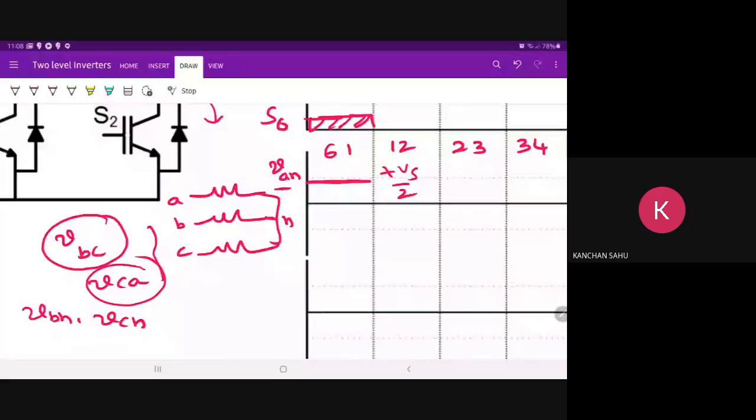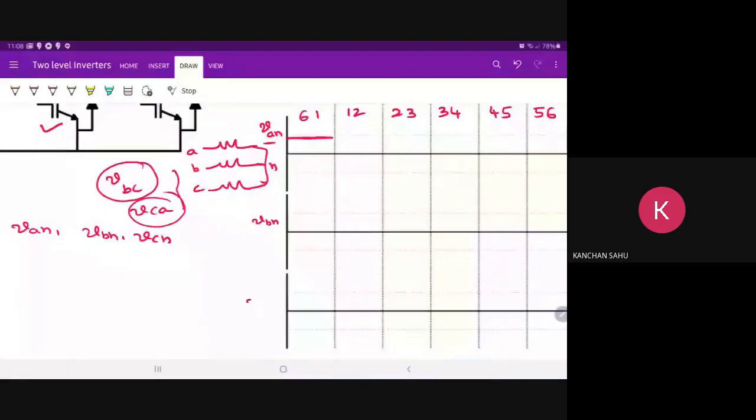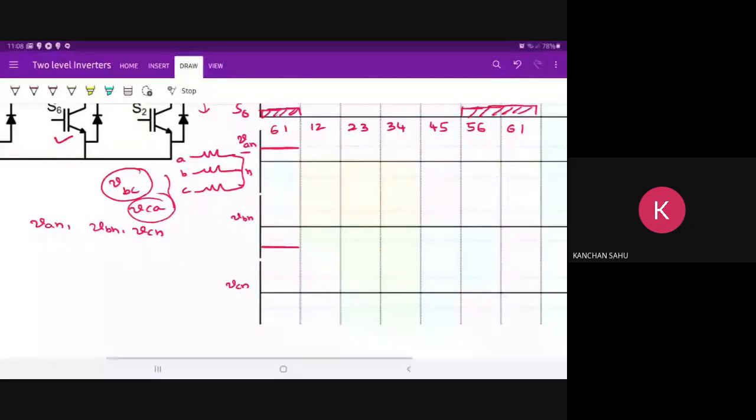And VBN, what is VBN? Minus Vs by 2. And what is VCN? VCN is not connected to any phase, right? Therefore that load voltage is 0.